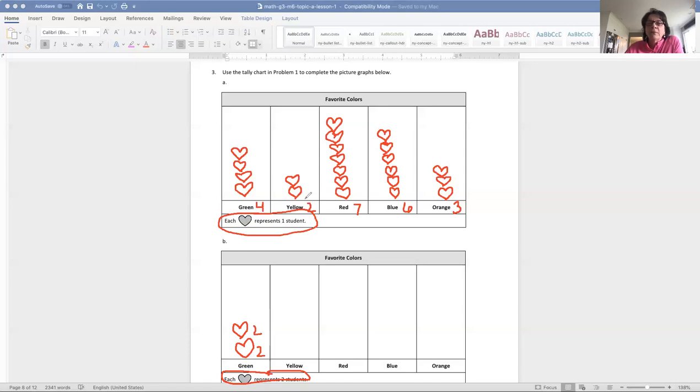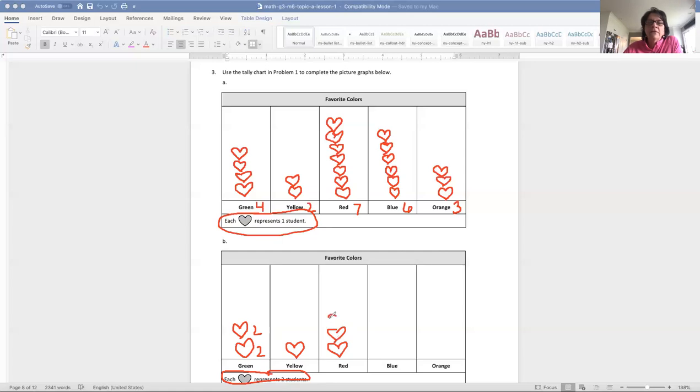Yellow had 2 people vote for it, so 1 heart can tell us that 2 students voted for yellow. Now red has 7 votes, so this might be a little tricky. And I can skip count by 2s as I draw my hearts. I want to represent 7 votes, so there's 2, 4, 6.